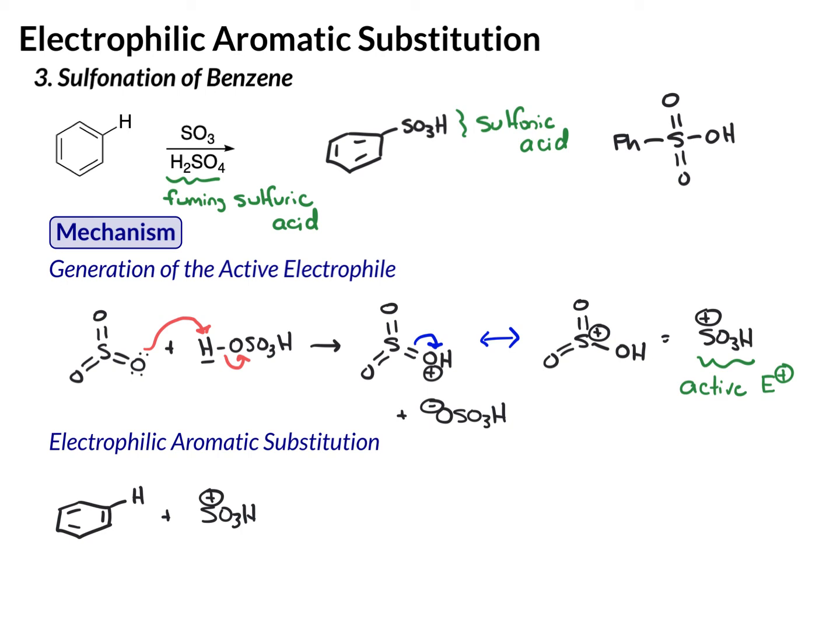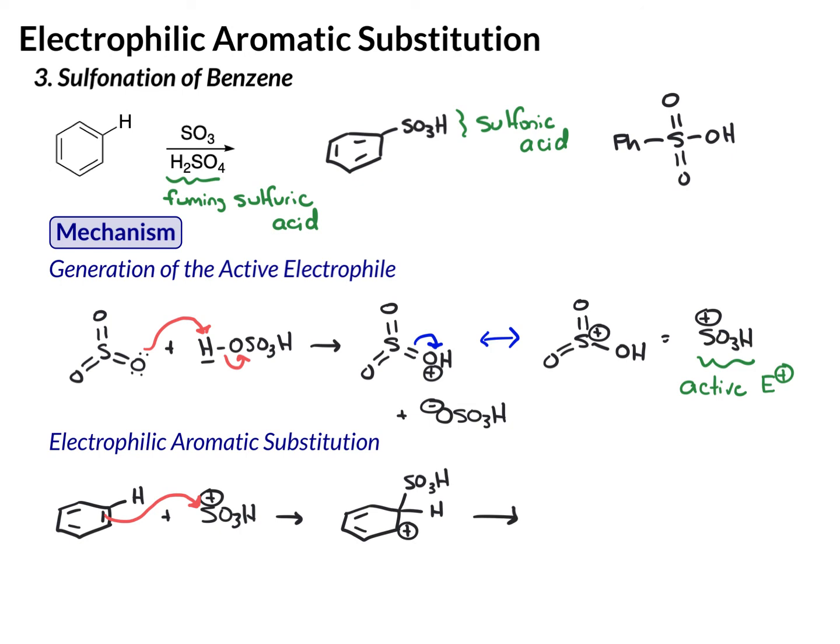So we'll pick a pi bond in the ring, draw a curved arrow to show electron flow to that sulfur. We'll add SO3H. And we still have a hydrogen there. And we form a carbocation on the other carbon that was part of the double bond.